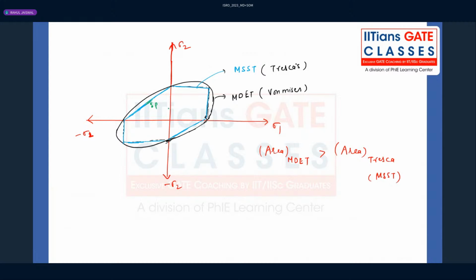And when you consider the maximum distortion energy theory line, this point P is somewhat far away. So what the maximum distortion energy theory will say is that the factor of safety given by it will be higher than the factor of safety given by the maximum shear stress theory, because point P is far from the black line which is plotted by von Mises, right?